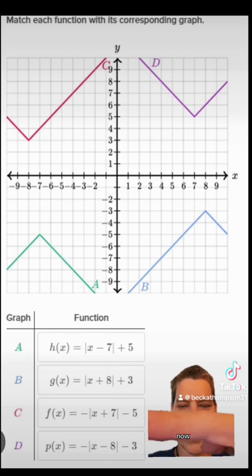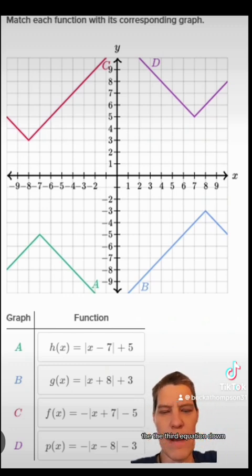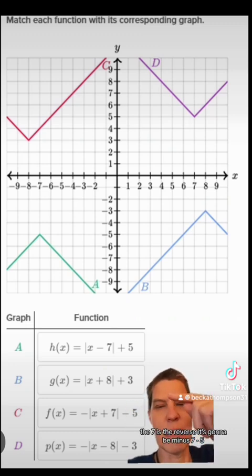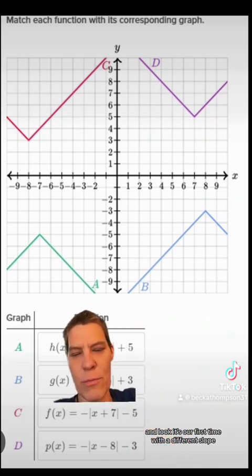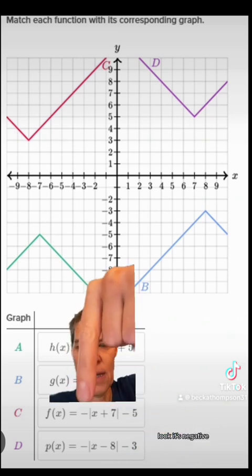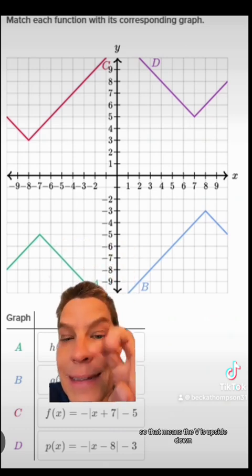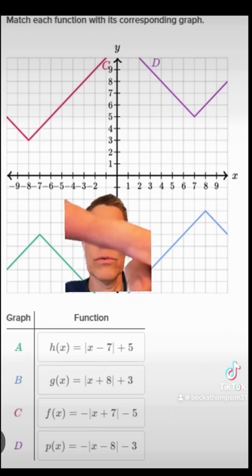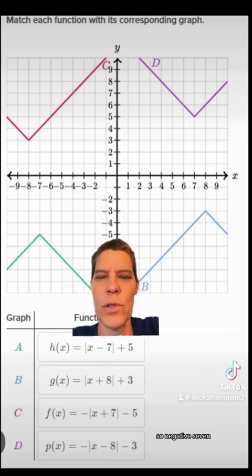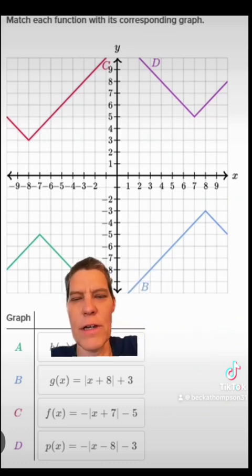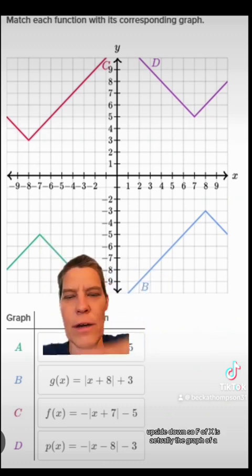Now, the third equation down, f of x, plus 7 minus 5. So again, the 7 is the reverse. It's going to be negative 7, negative 5. And look, it's our first time with a different slope. Look, it's negative, so that means the V is upside down. So negative 7, negative 5, right over here, upside down.